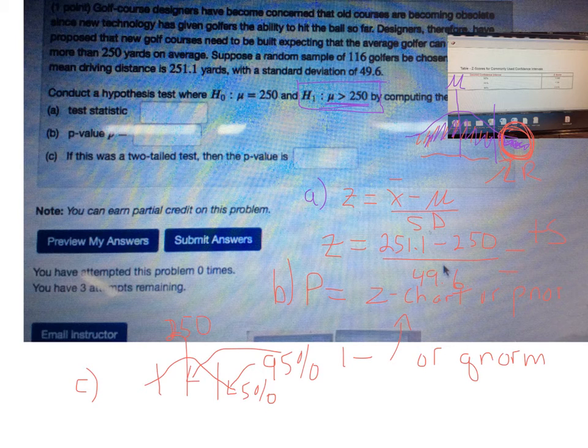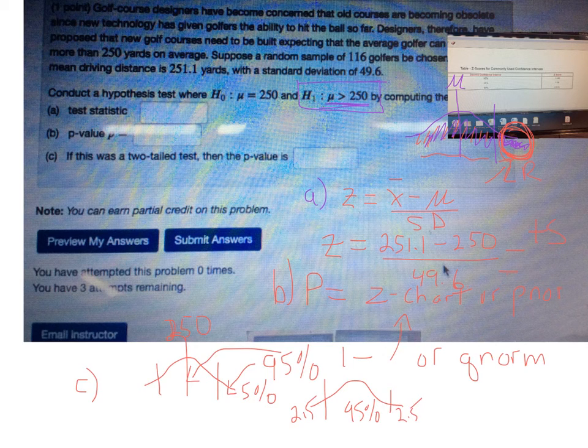But now if I make the left and the right tail both included, then the left tail and the right tail have to add up to that 5% so that we can still have 95% in the middle. And so that would change your p-value when you are comparing it to the Z crit from the table. But because you're not given the significance value, it's hard to change that.